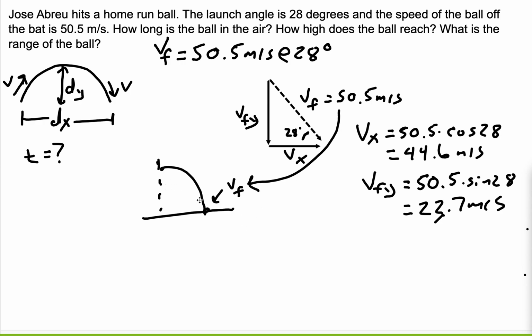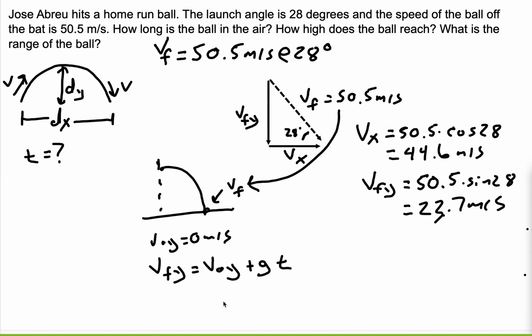So if we pretended this was a cliff problem, we're going to say that the original velocity in the y is 0. And I could use this equation to solve for time: VFY equals VOY plus gravity times time.